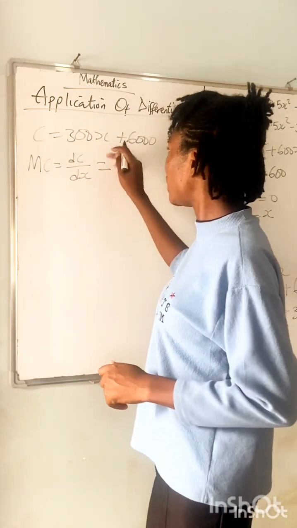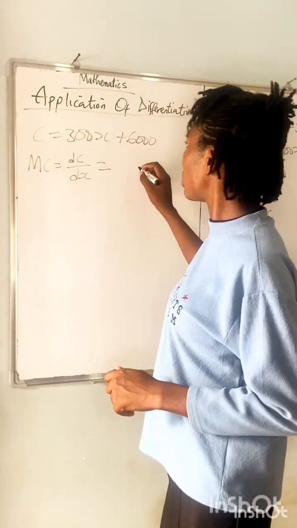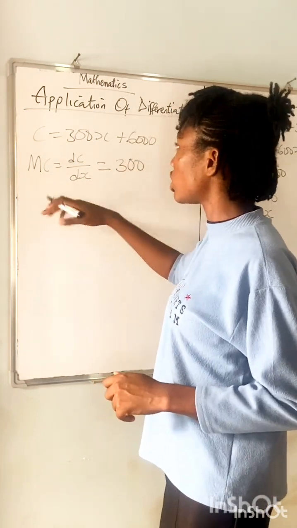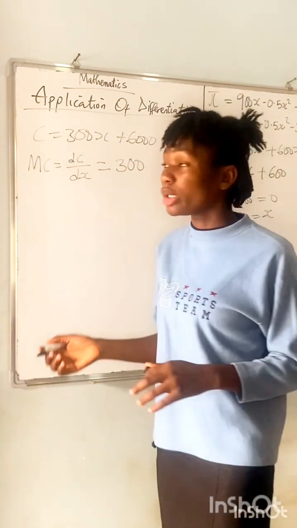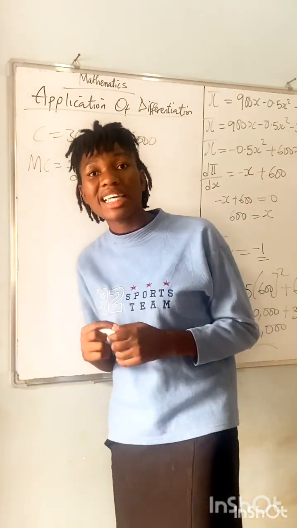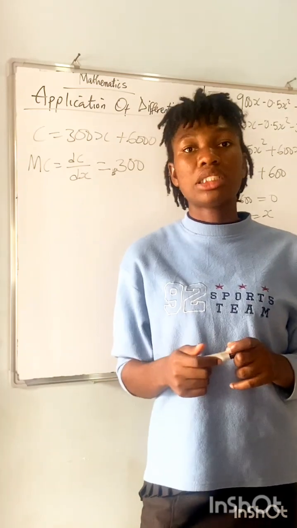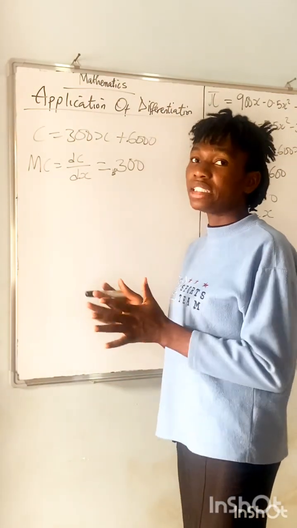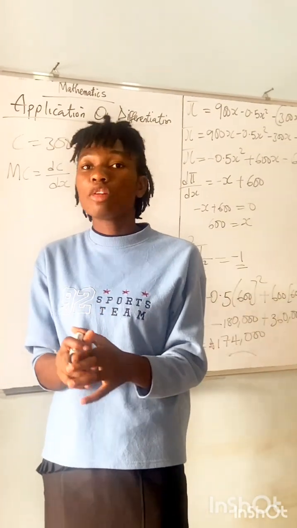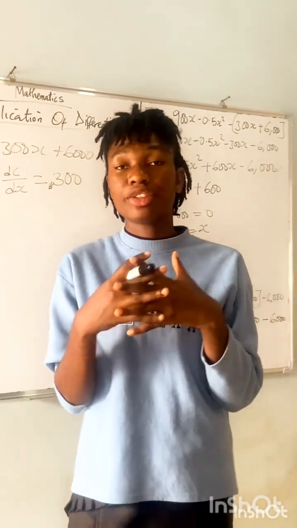So to differentiate it once, we'll be having what? 300. So this is our marginal cost, 300. I even said naira, okay, because many times cost is in naira. So the cost of producing one extra or additional commodity is what? 300 naira. So with this, at least we have come to the end of differentiation, the series of differentiation.